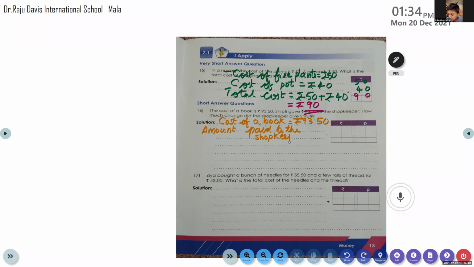Ma'am, the answer is 2. Yes. Rupees 95, 50 paise. Now, the third step, amount given back, or money given back to Shruti.